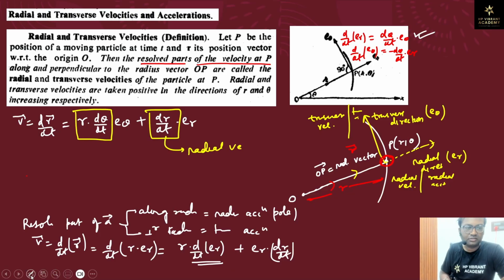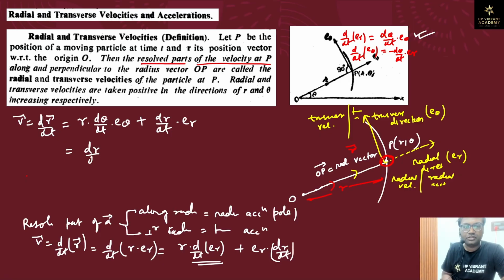Let us write one step further. So this is equal to dr/dt into e_r plus r d theta/dt into e_theta.